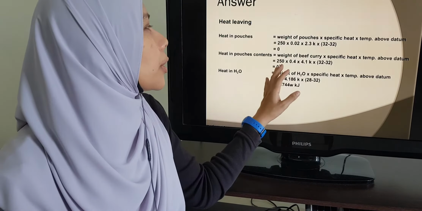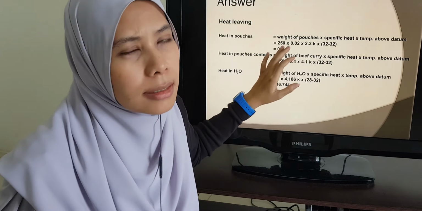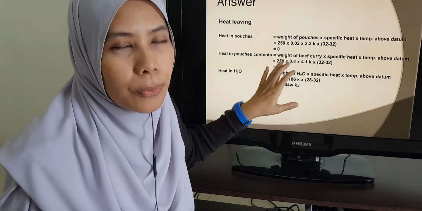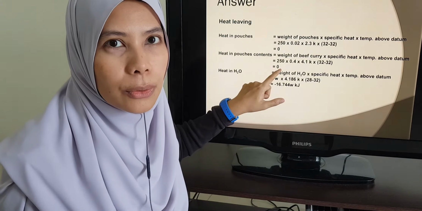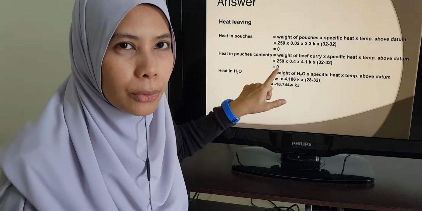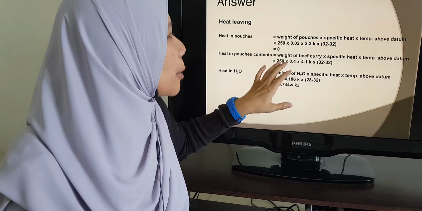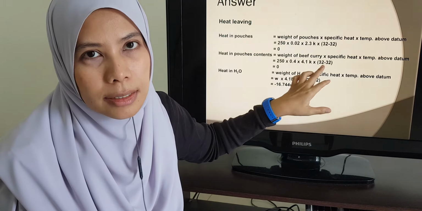Again, you need to show how you calculate these values. Do not simply put 0, 0, 0 because you already know. You need to write down how you get this value of 0. The same thing: 250 times 0.4 times specific heat times temperature difference.